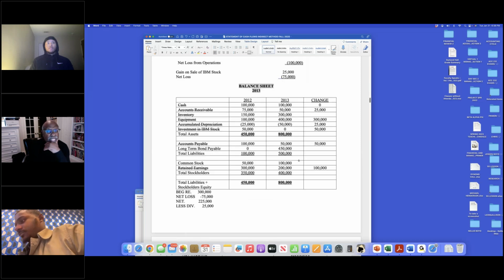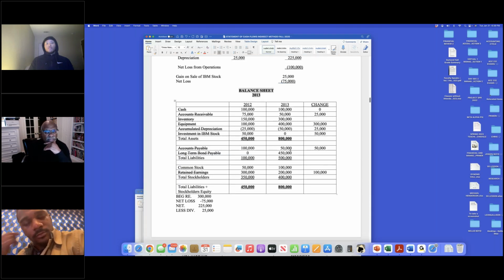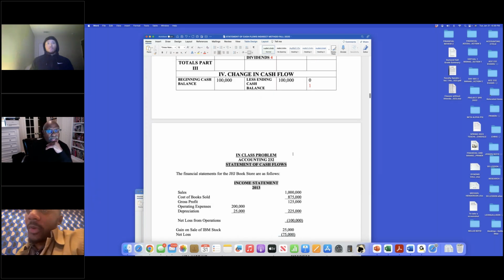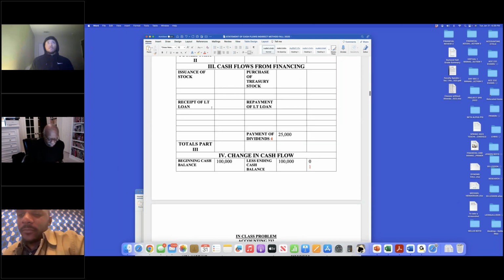We're almost done. We just got two more to go: long-term bonds and common stock. What happened to the long-term bond? It went up 450,000. That's a lot of borrowing. That long-term borrowing went up. If you borrow $450,000, what would happen to your cash account?